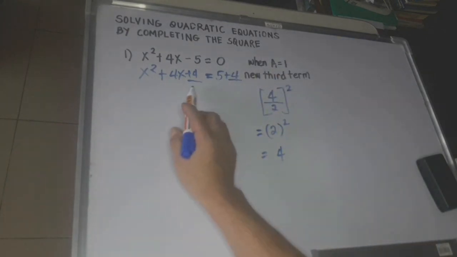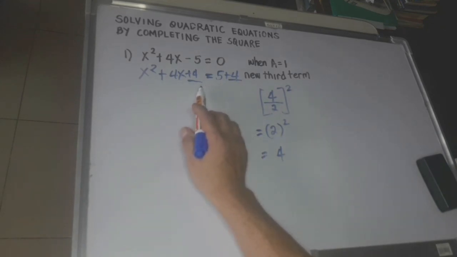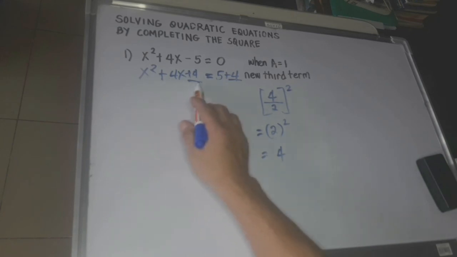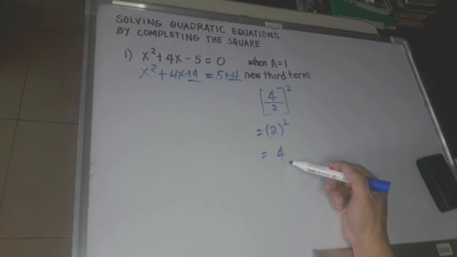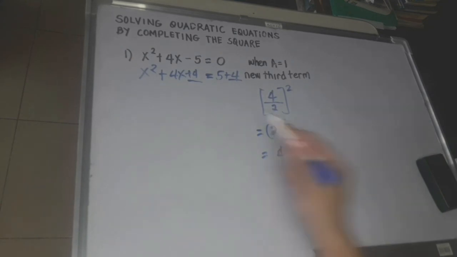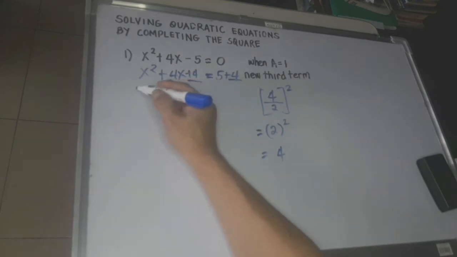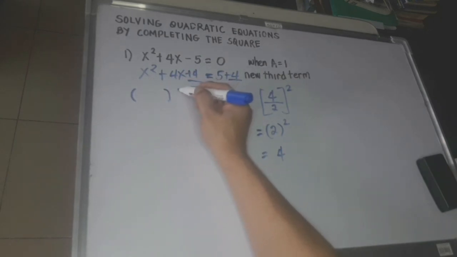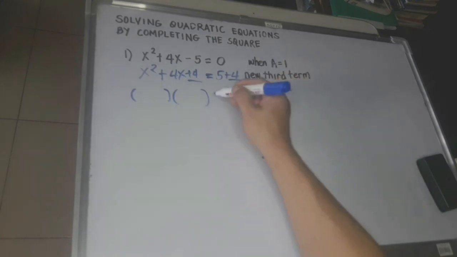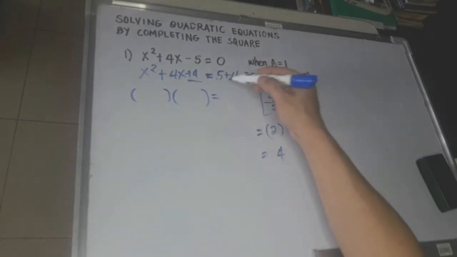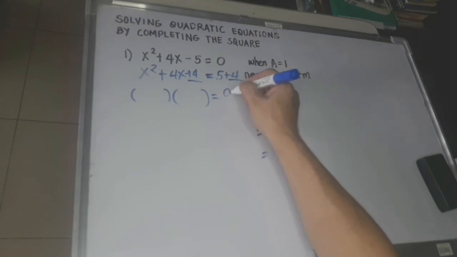Now, the left side of the equation, after writing the new third term, becomes a perfect square quadratic trinomial. Since this is a perfect square quadratic trinomial, then get the factors. Write two sets of parentheses and an equal sign. 5 plus 4 is equal to 9.